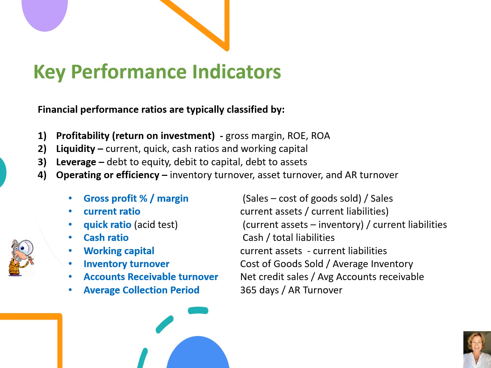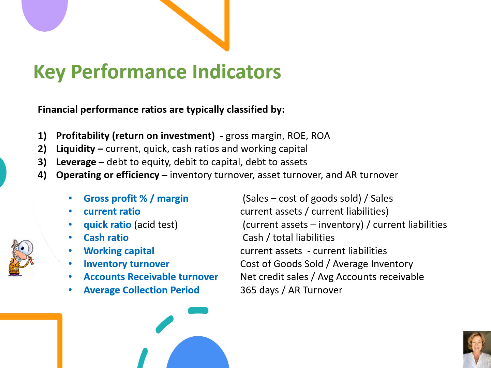At the beginning of this video, I mentioned that classified financial statements are prepared so that it is easier to compare companies' KPIs or key performance indicators. It would be difficult to calculate the current or quick ratio, for instance, if the companies did not classify their assets as current assets or property, plant, and equipment or other assets.